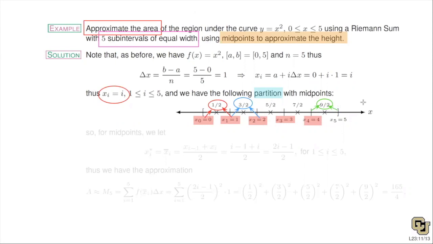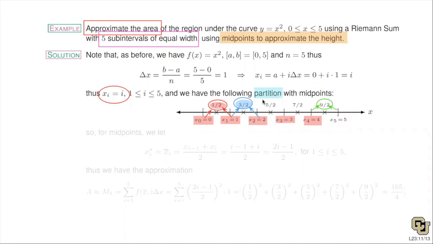So now I know everything. I know I'm going to use the y value at these midpoints for my height. So for my first subrectangle, I'm going to do f of 1/2 times delta x. For my second subrectangle, I'm going to do f of 3/2 times delta x.